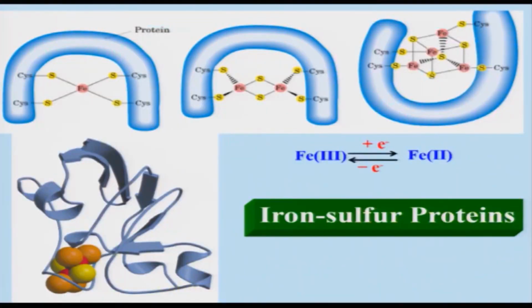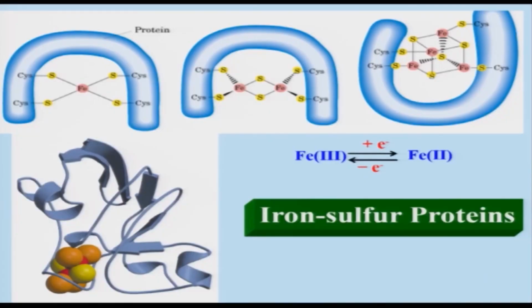There are also many iron sulfur clusters or iron sulfur proteins known in biology, some of them displayed over here: 1 iron center, 2 iron center, 3 iron center, even 4 iron centers are present.